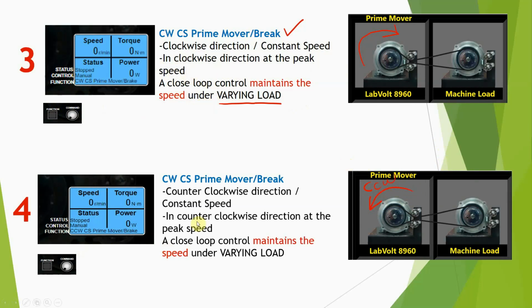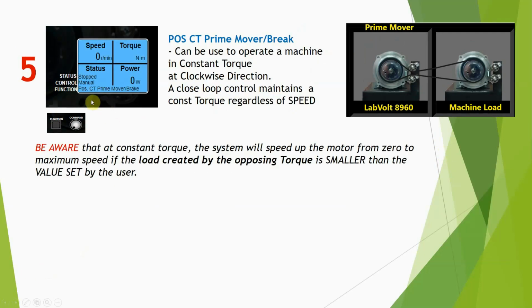If I press this again, I will have positive constant torque brake. CT means constant torque. Of course, positive means the rotation is clockwise. So it can have a constant torque regardless of the speed, right?